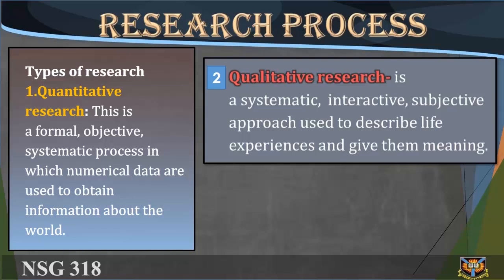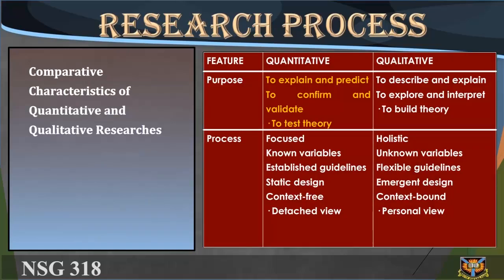This method is very useful for investigating emotional responses. The types of qualitative research are phenomenological research, grounded theory research, ethnographic research, historical research, philosophical inquiry, and critical social theory methodology.